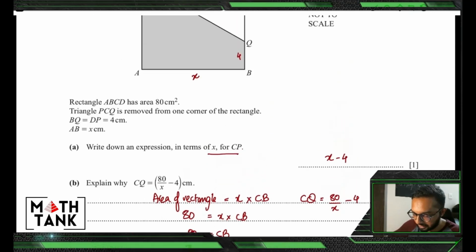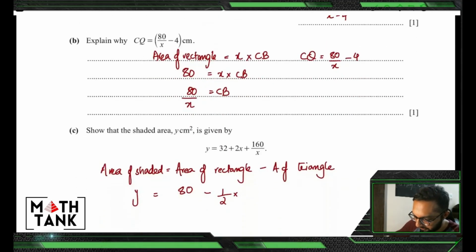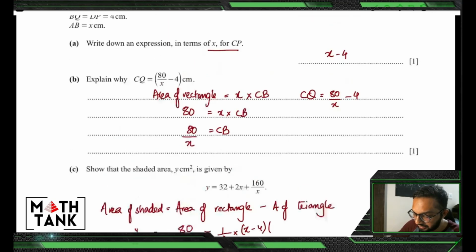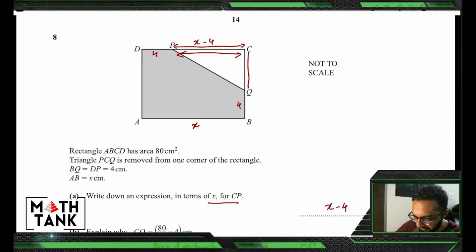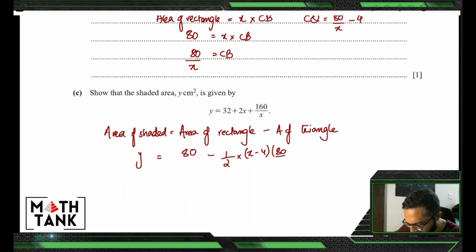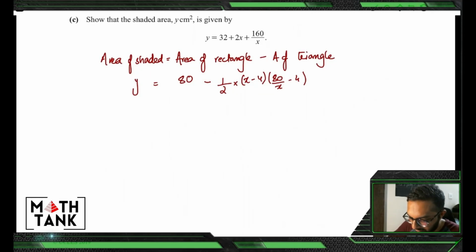Now for the triangle, what is the base? I can call this the base, x minus 4, into the height. Let's call this the height. They are 90 degrees since it's a rectangle, the height was CQ, which you just proved. Even if you weren't able to prove it, it's given in the question. So you need to do this question right. There will be no carry forward marking when the answer is provided to you.